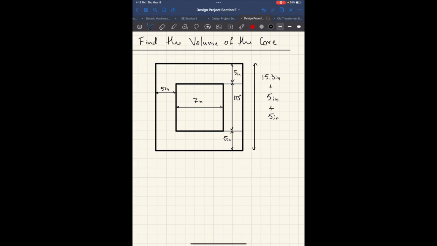This distance from here to here is going to be 7 inches plus 5 inches plus 5 inches.